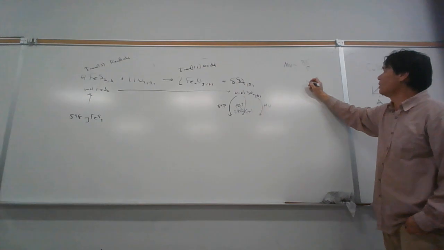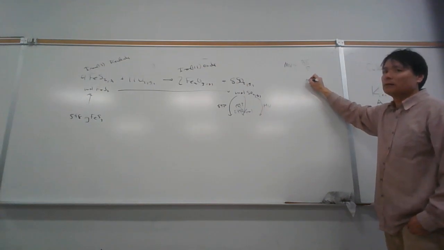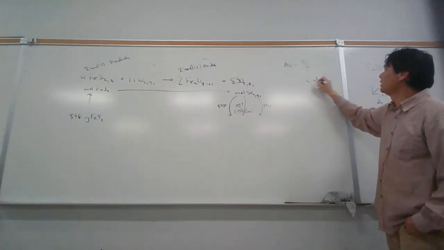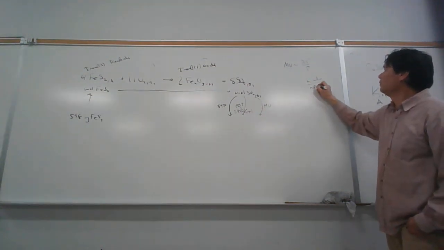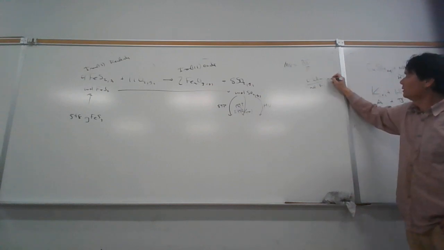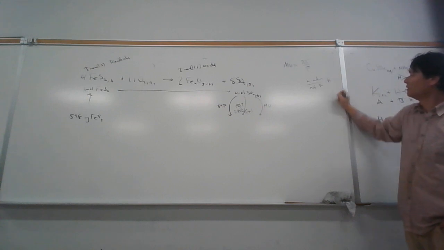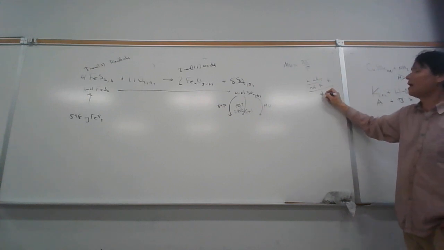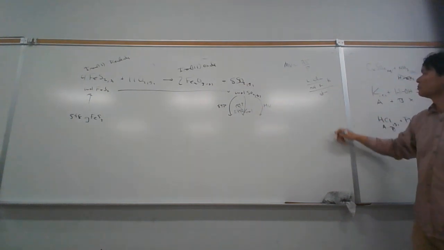The units of R are liters times atmosphere divided by mole times Kelvin. The units for T are Kelvin. The units for P are atmospheres. Does this work out?